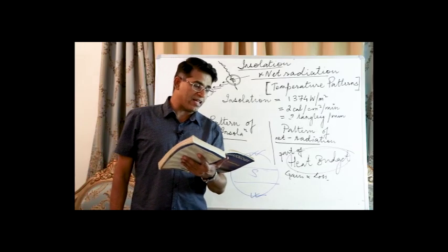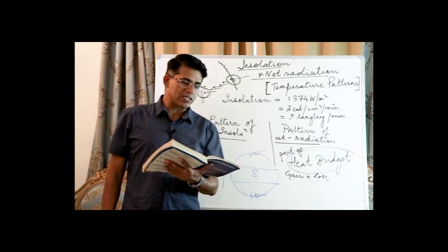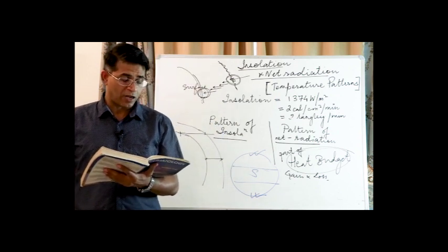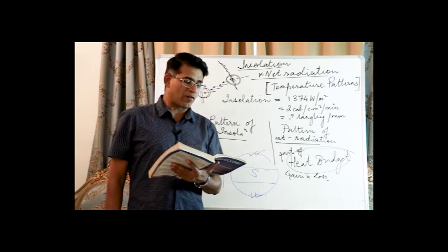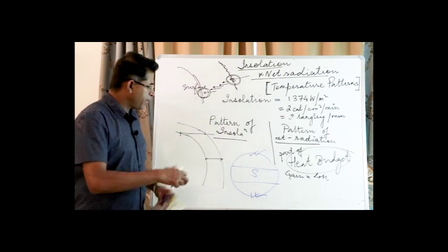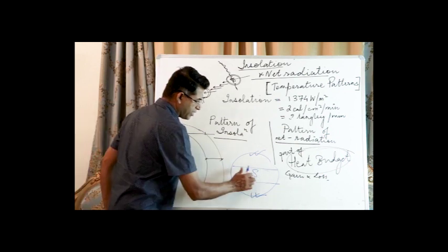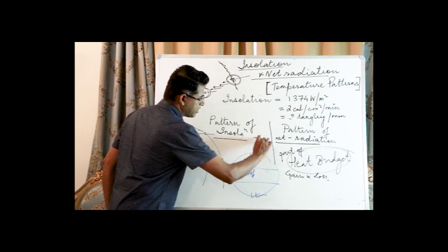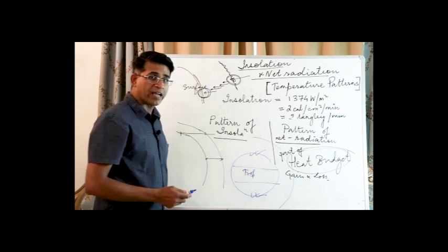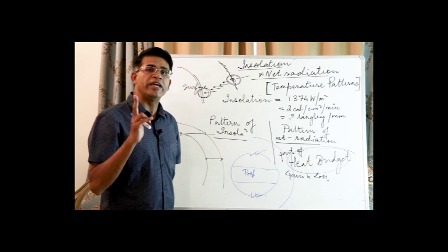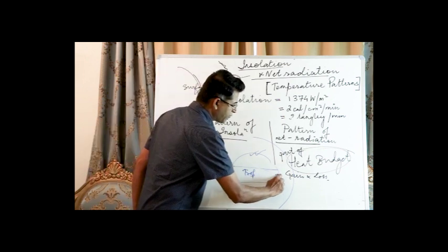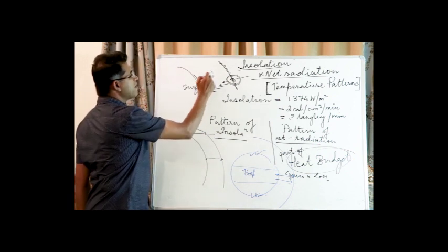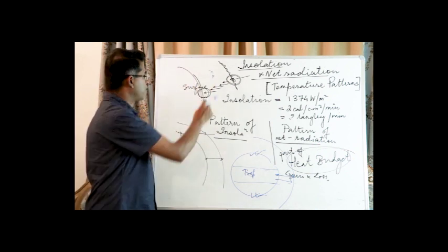This can be achieved if the heat is transported from the Earth's surface to the atmosphere and from tropical and subtropical areas of surplus radiation to the high latitudes of deficit radiation. So if this is the Earth's surface, this is the tropical region, and this is the atmospheric height, then there are two types of heat transfer. One is transfer from the surface toward the atmosphere, because the atmosphere at any given time is net deficit compared to the surface.